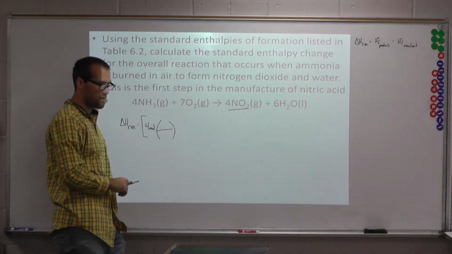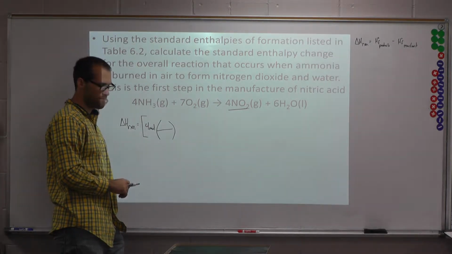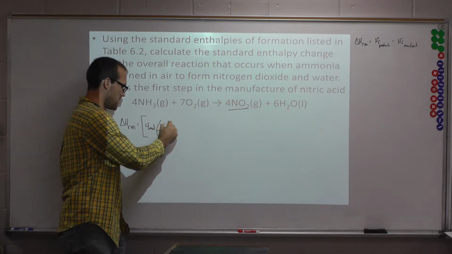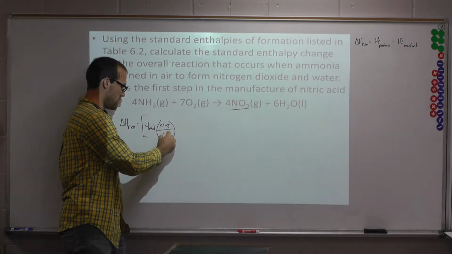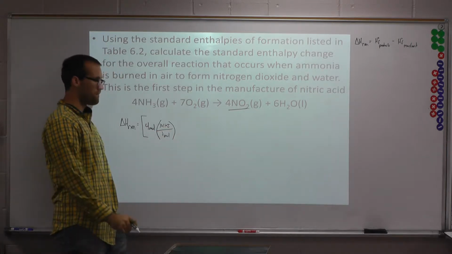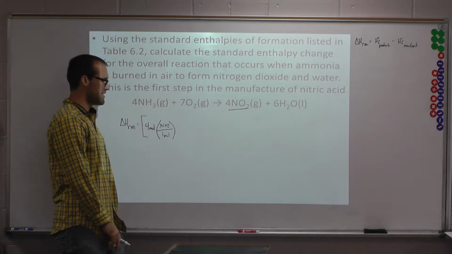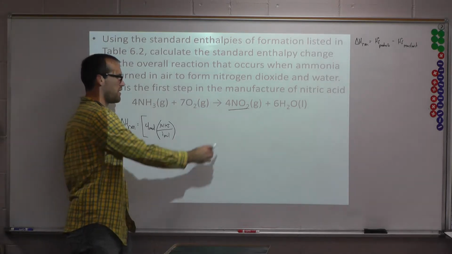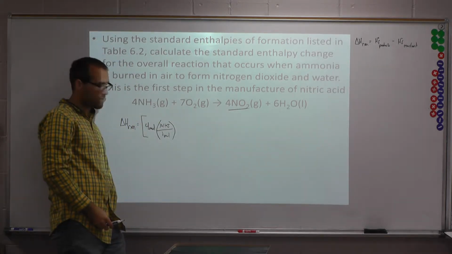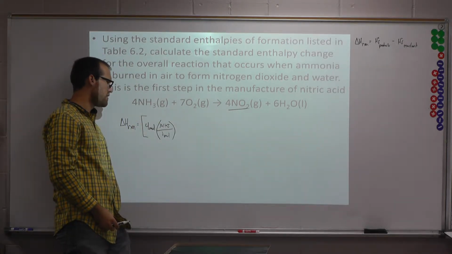What does it say? 34 kilojoules per 1 mole. That's the amount of energy that would be required or would be released when this gets formed. Well, actually, it's positive?